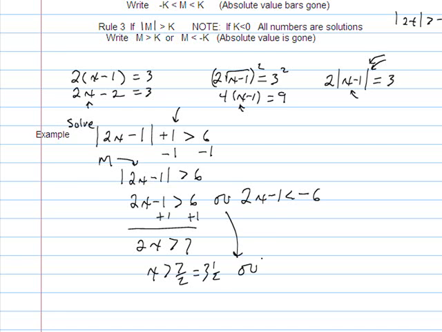Then it says or, and I add 1 to both sides, 2x is less than -5, x is less than -5/2. -5/2 is the same as -2.5. So my solutions are any numbers which are either less than -2.5 or greater than 3.5.